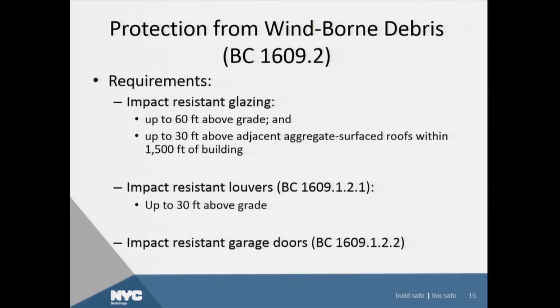So this impact-resistant glazing has to be provided up to 60 feet above grade and up to 30 feet above adjacent aggregate surface roofs within 1,500 feet of the building.